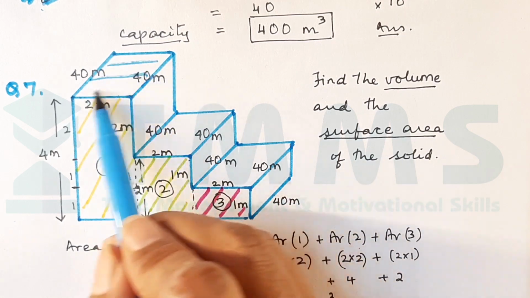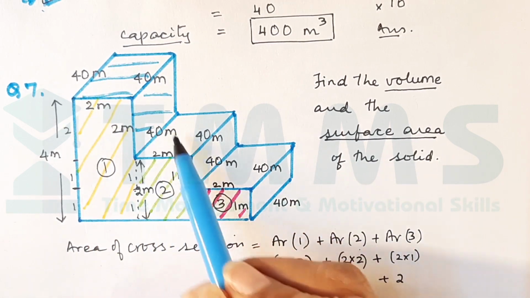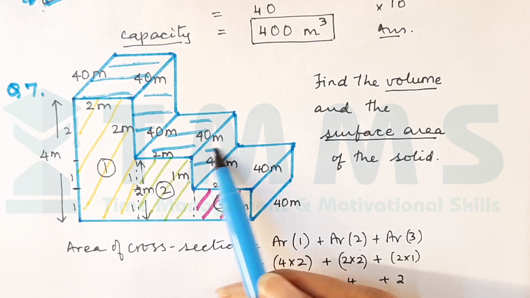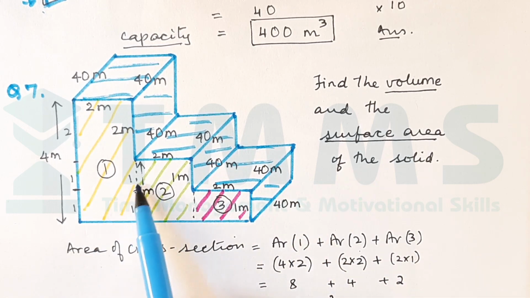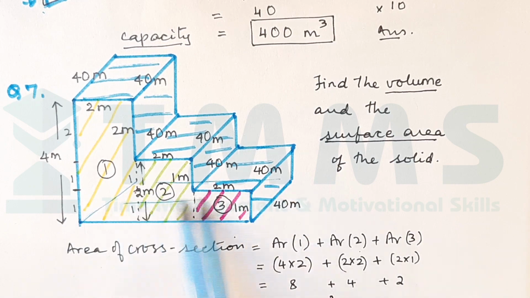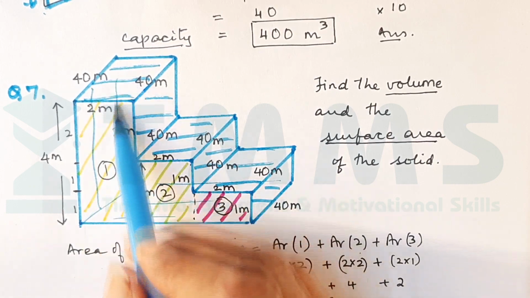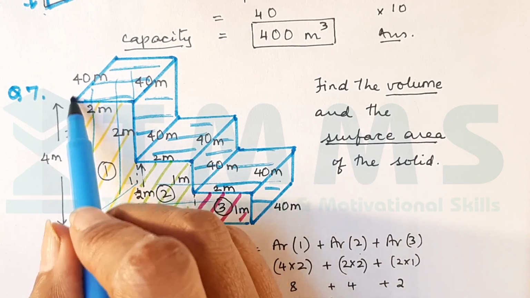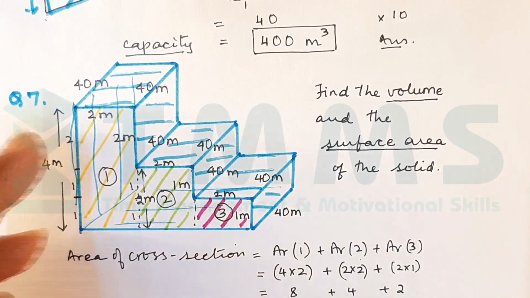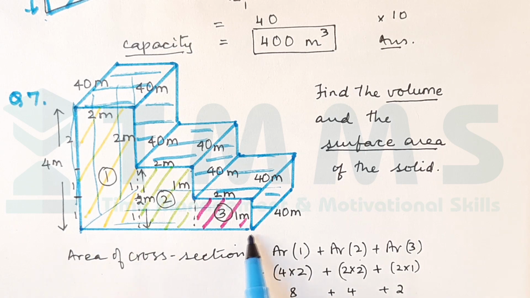The lateral surface area will be all this, and also the base of it, this part base, and also this part. Okay, so it is going to be a three-dimensional thing. So we have the vertical surface, which is that side, and then the base, and plus you have this.